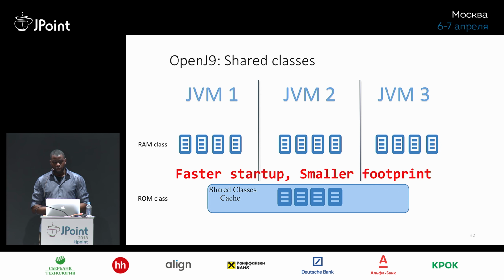So OpenJ9 offers a feature called shared class cache. Basically, when a shared class cache exists, a JVM can connect to it. A shared class cache is just an area of shared memory on the machine, and it's of fixed size.